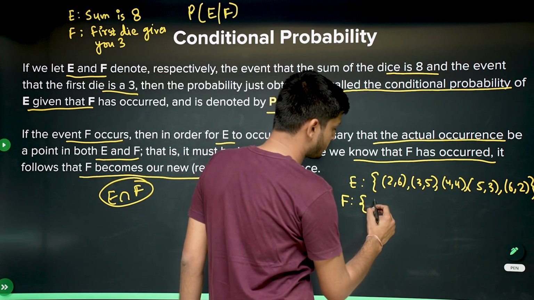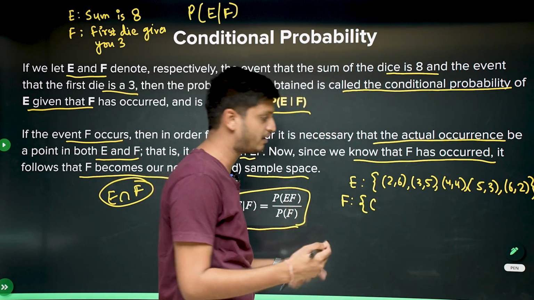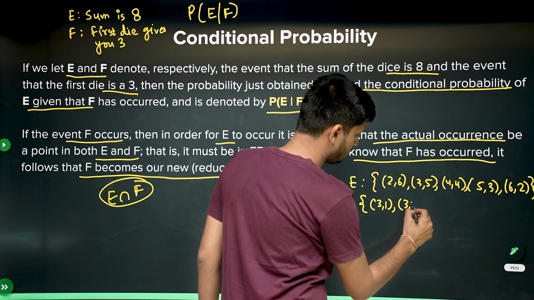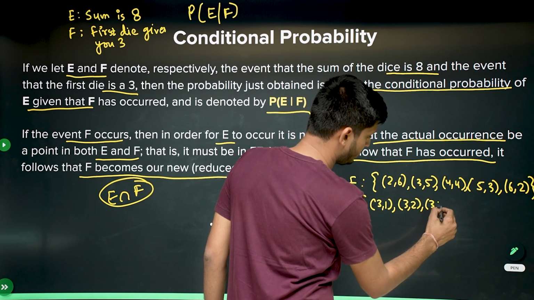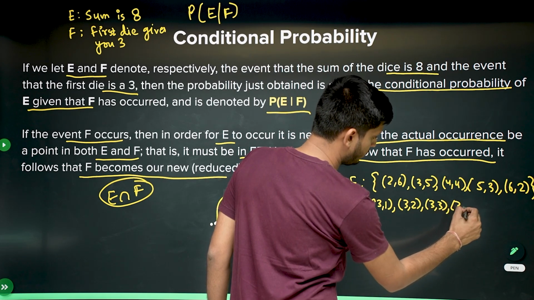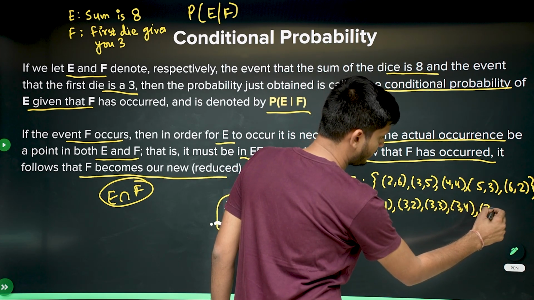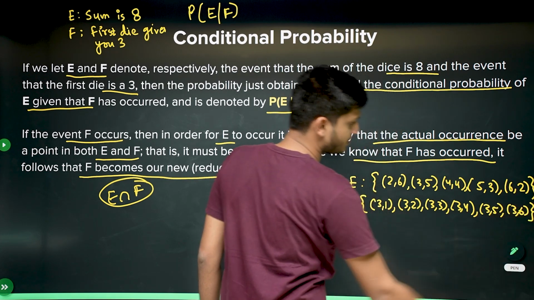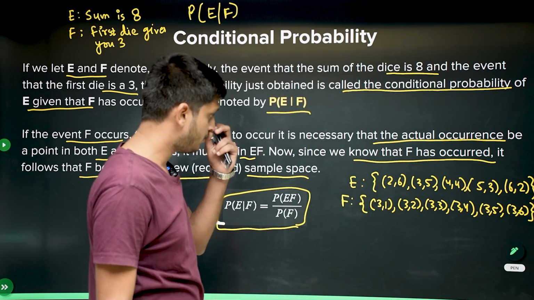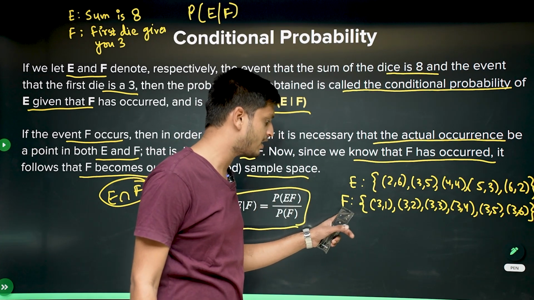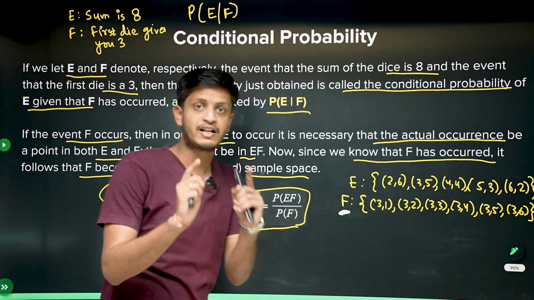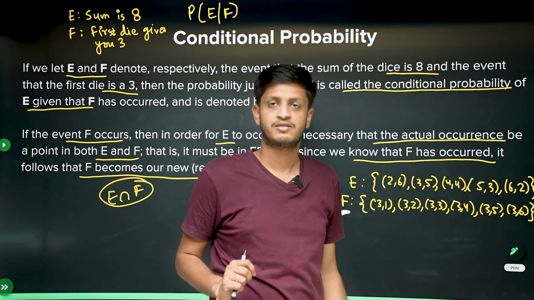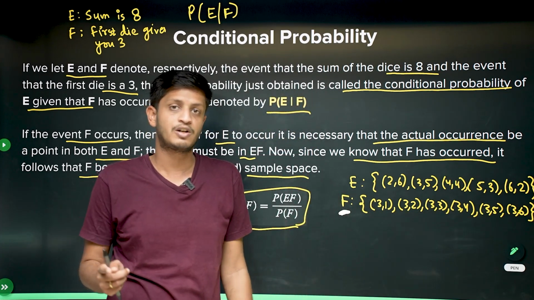So what is the sample space? What is the set F? What is the event F? (3, 1), (3, 2), (3, 3), (3, 4), (3, 5), and (3, 6). 6 elements, right? Now, since it is given that F has already occurred, your universe becomes this.